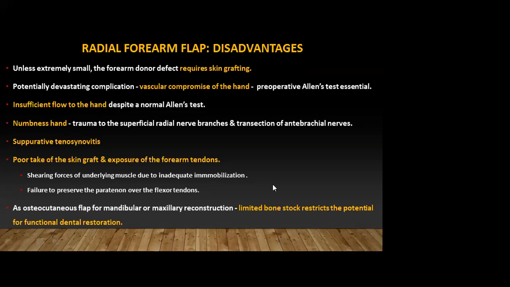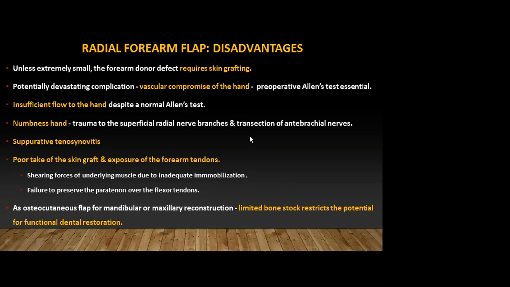Another disadvantage is the suppurative tenosynovitis of the tendons exposed, and we can sometimes come across poor take of the skin graft, and the forearm tendons may be exposed. The most important cause for poor uptake of the skin graft is the shearing forces of underlying muscle due to inadequate mobilization.